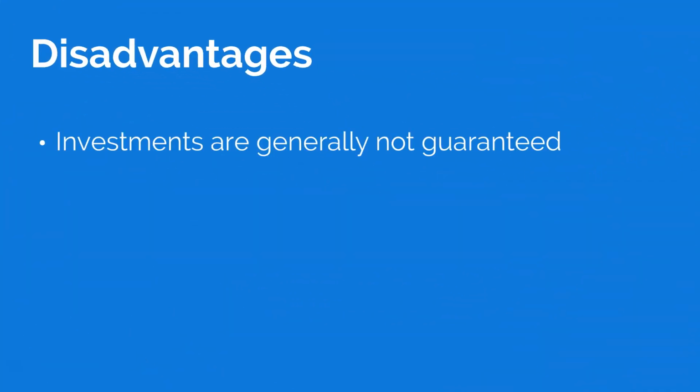Some of the disadvantages are that unlike a structured settlement annuity where the investments and the rates of return are guaranteed by the annuity company, in a trust situation, the money inside the trust is invested in an investment portfolio. And so, as you know, an investment portfolio is not going to be fully guaranteed.